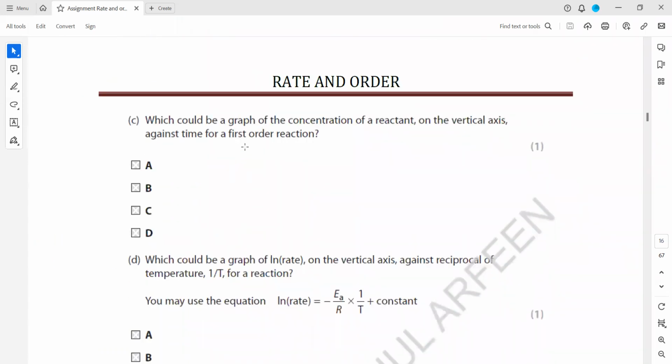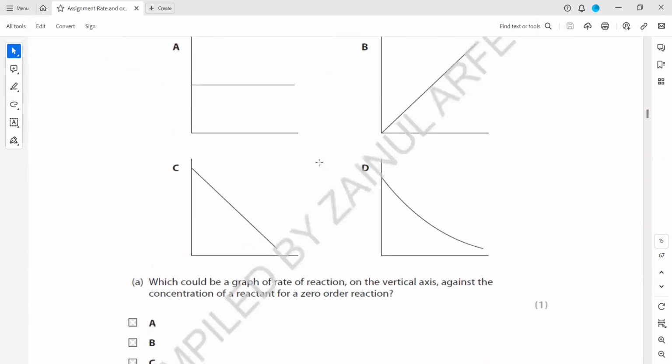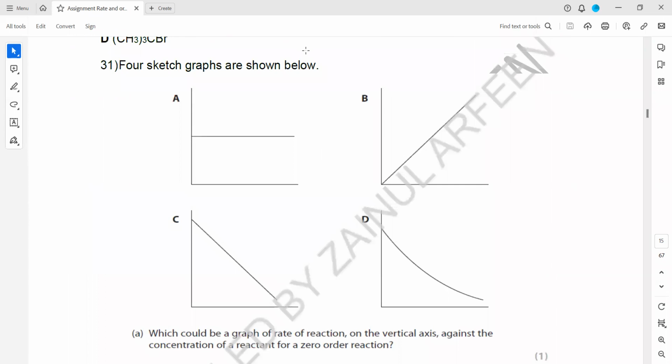Which of the graphs for concentration on the vertical axis against time is for a first order reaction? Concentration always decreases with time. If we have a first order reaction, it will have a constant half-life.